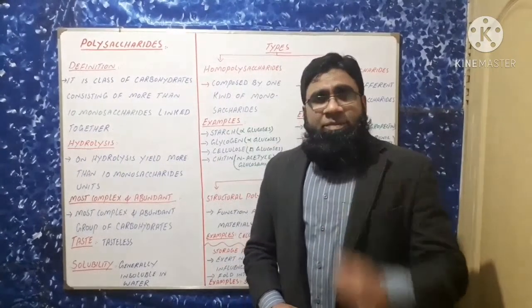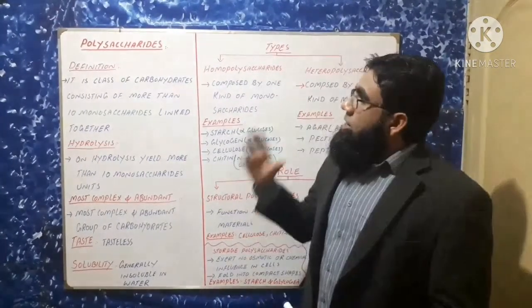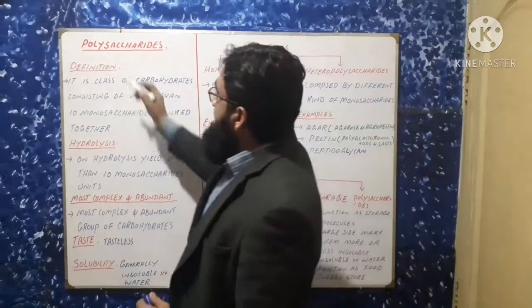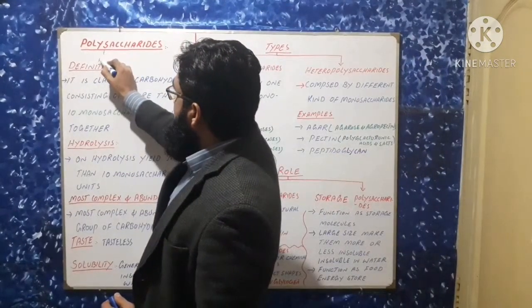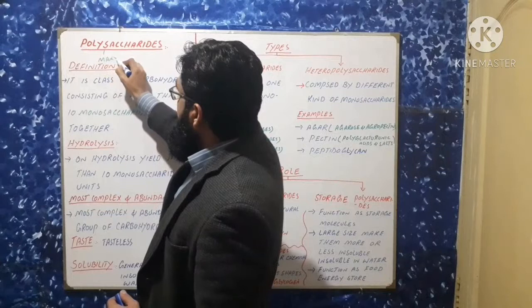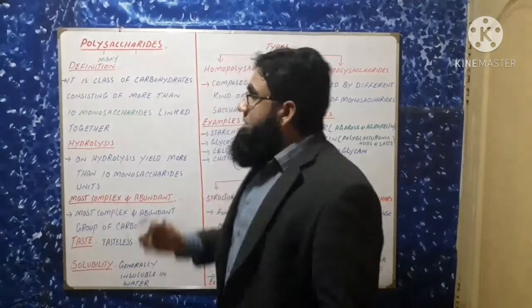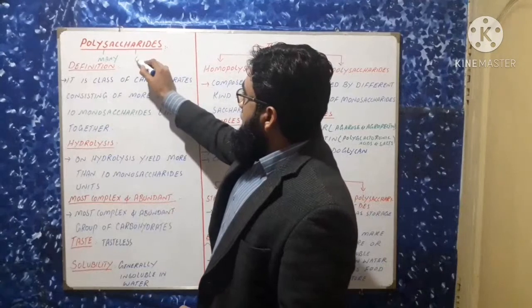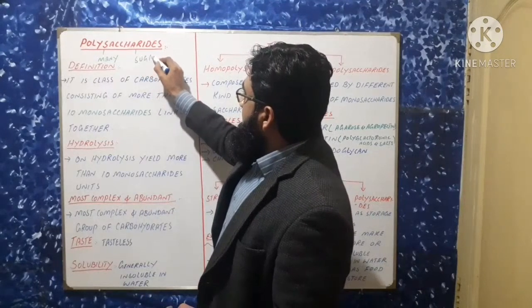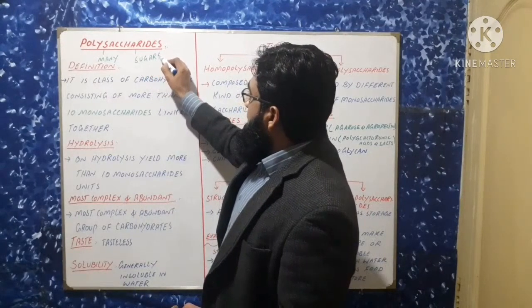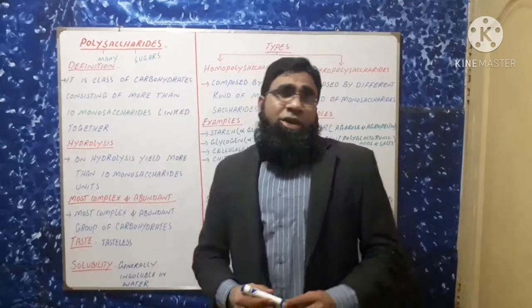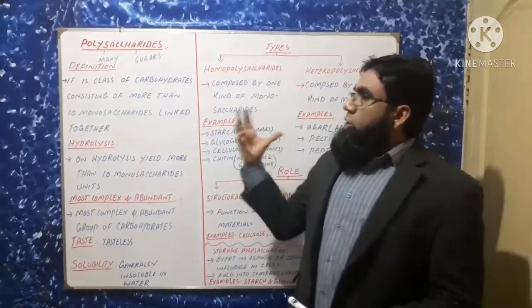What is the meaning of poly? Poly means many, and saccharides means sugars. Now, how can we define polysaccharides?